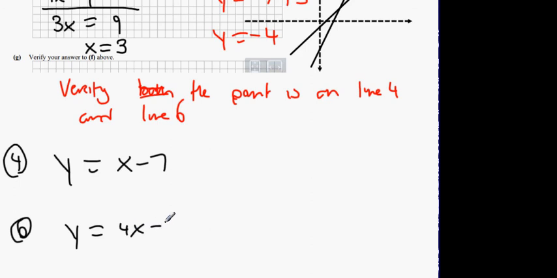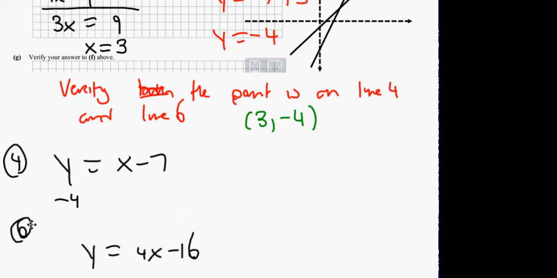Now that you've done that, guys, when the point is on the line, it balances the equation. What do we say the point is? 3, minus 4. Let's find out. y equals minus 4. x equals 3.